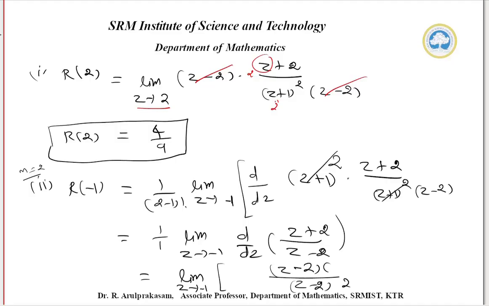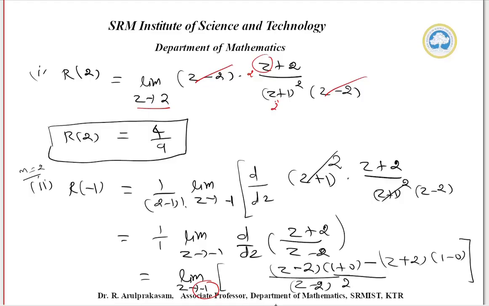The differentiation of z is 1 and of the constant is 0. By the formula, minus (z plus 2) into v dash, where the differentiation of v is 1 minus 0. Now I can substitute z equal to minus 1.